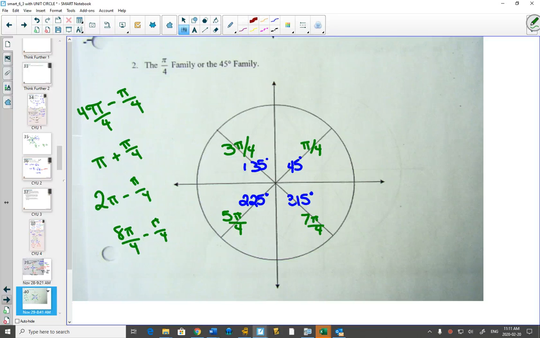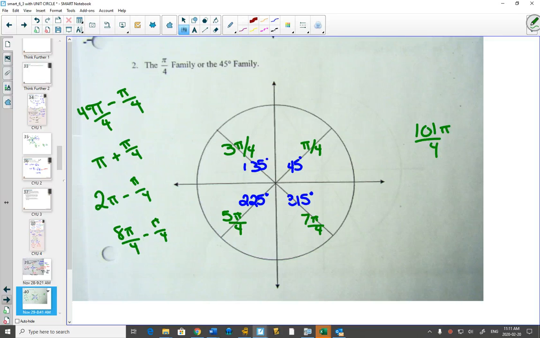Here is the nice thing about radians. It's really easy to tell the reference angle when you're talking about radians. 7 pi over 4, the reference angle is pi over 4. Really quick and easy to see. 101 pi over 4, the reference angle is pi over 4.